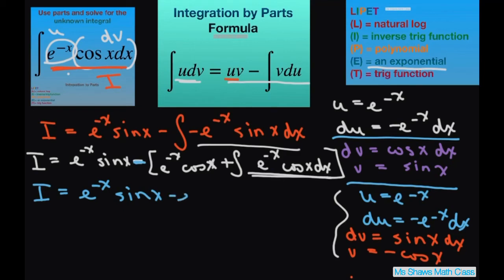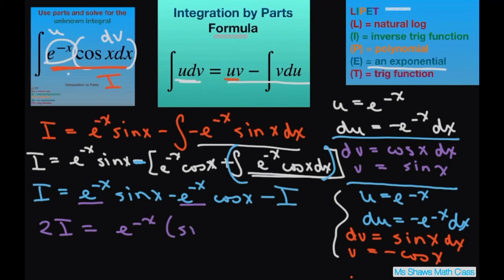Then we have minus e to the negative x cosine of x minus, and this whole thing here is back to my original integral, so we have I. Therefore, I can add I to both sides, and we get 2I equals, factoring out e to the negative x, e to the negative x times sine of x minus cosine of x. Now, all you have to do is divide both sides by 2 to solve for your integral.